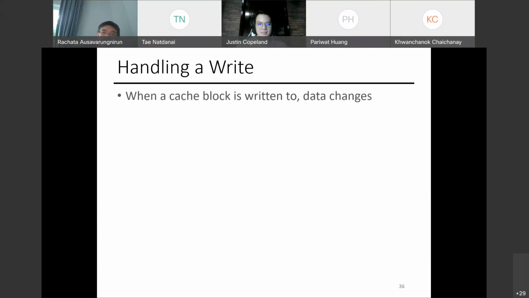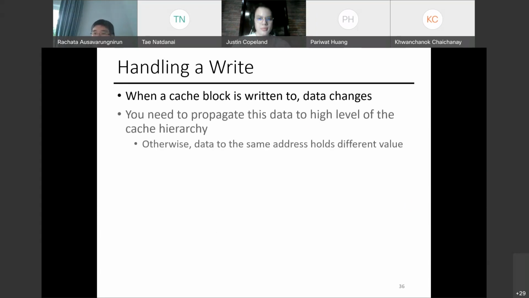So when the cache block is written to, the data actually changes, right? So you need to propagate the data at a high level. Basically, if you write to L1, what does it mean? It means that if I have to access DRAM, it should have the updated data, right?